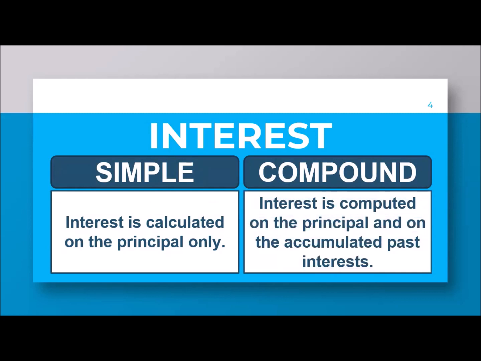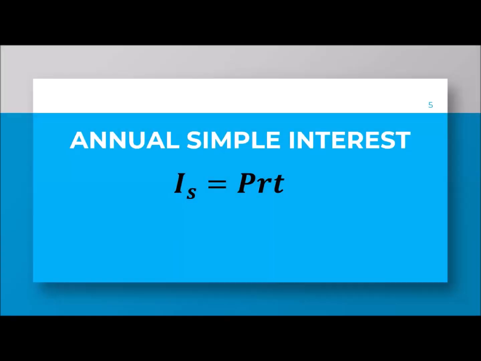However, in the compound, hindi lang nakabase sa principal amount, but added pa ng accumulated past interest o yung tinatawag na accrued interest. Now, the symbols for these types of interest are I sub S for simple and I sub C for compound. I hope this is very much clear with you now. So let us proceed on solving.